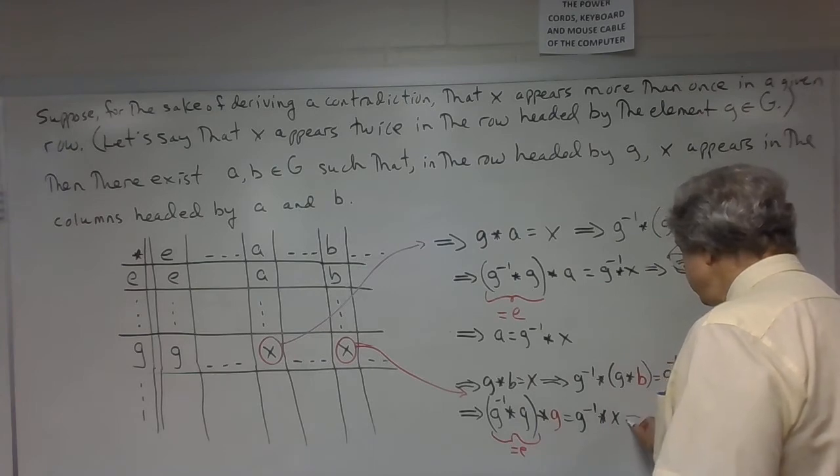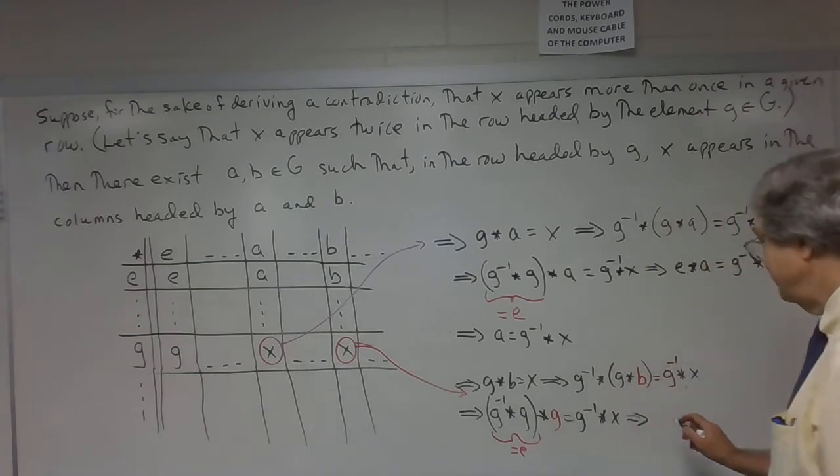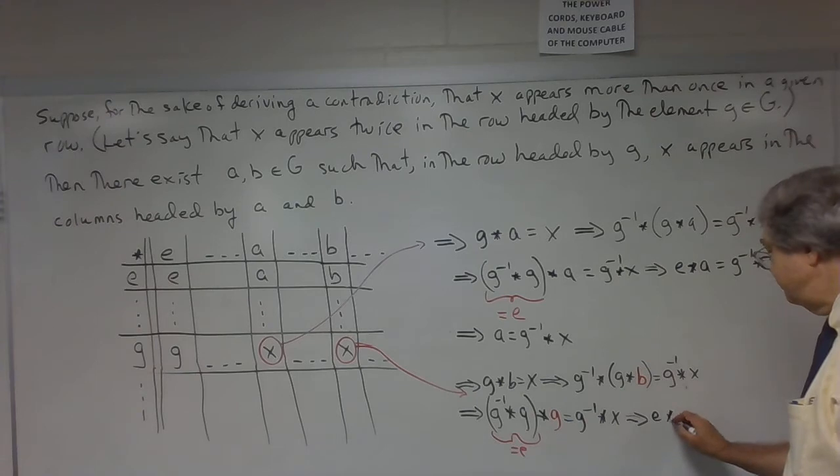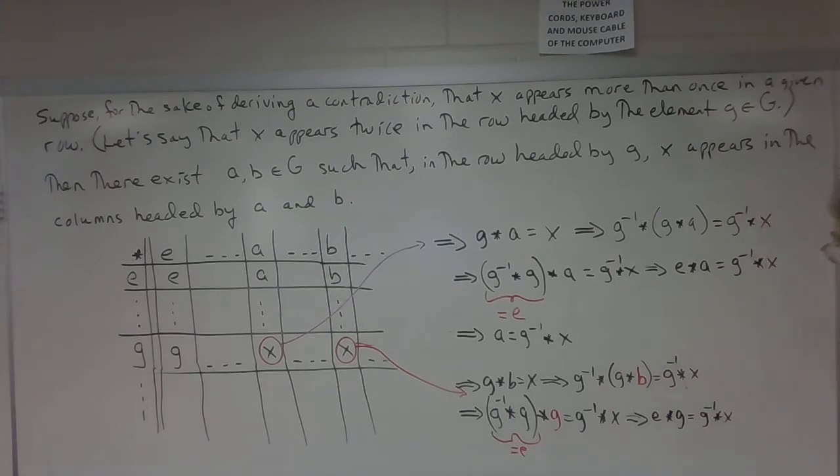So down here we have E star B equals G inverse star X. But E star B is just B. Oh my goodness.